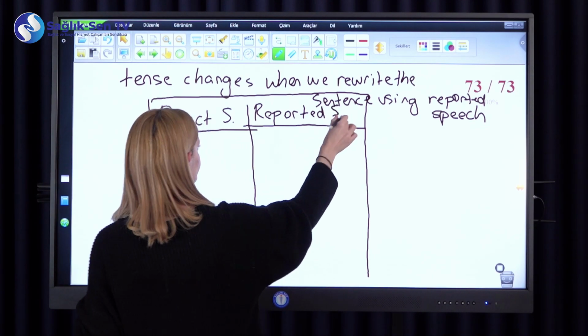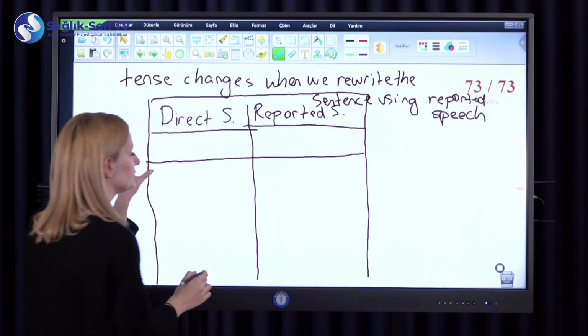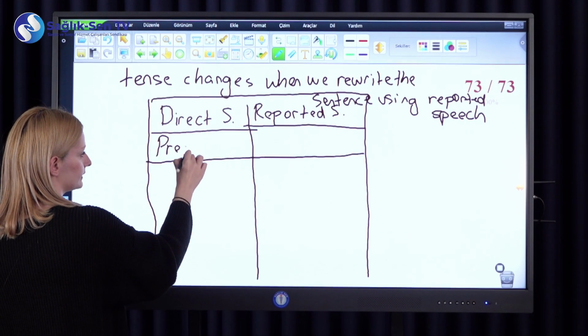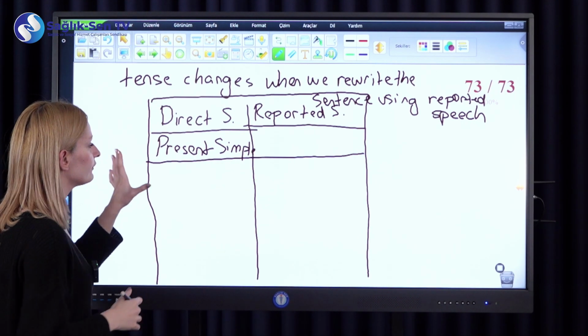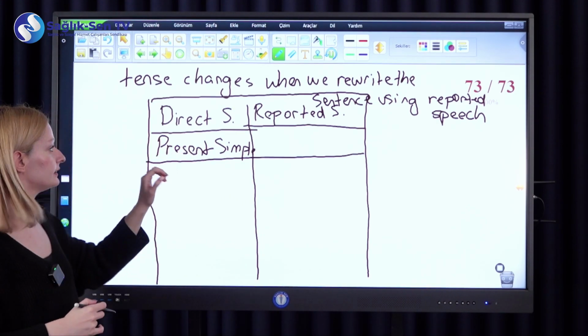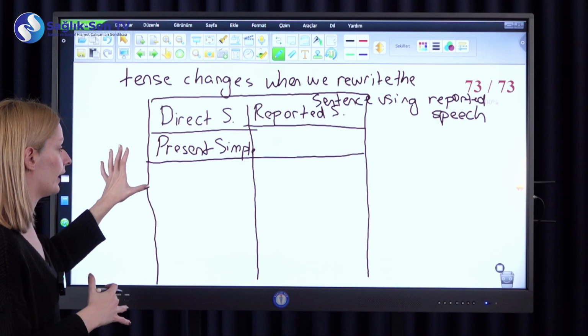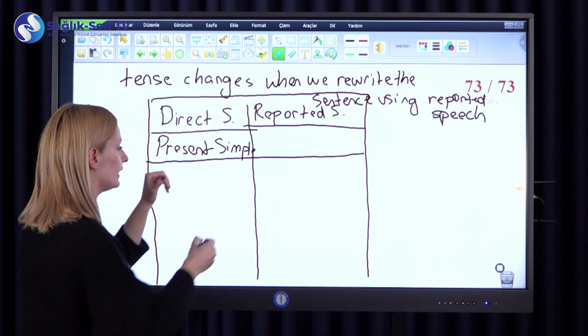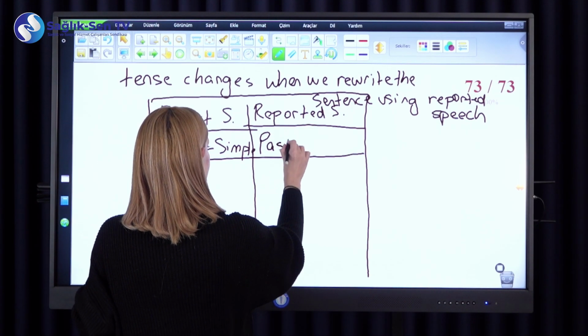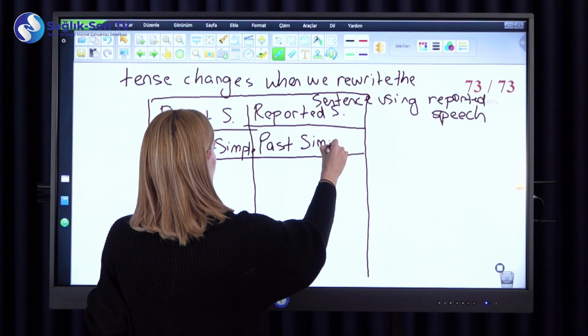If present simple tense is used in direct speech and I am turning that sentence into reported speech, then the tense of the sentence will be past simple.